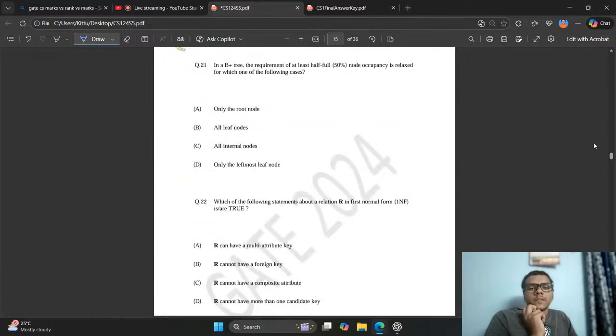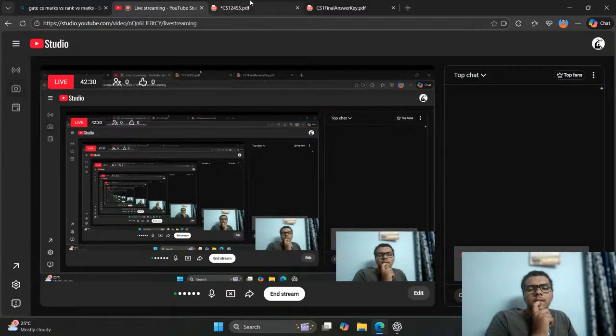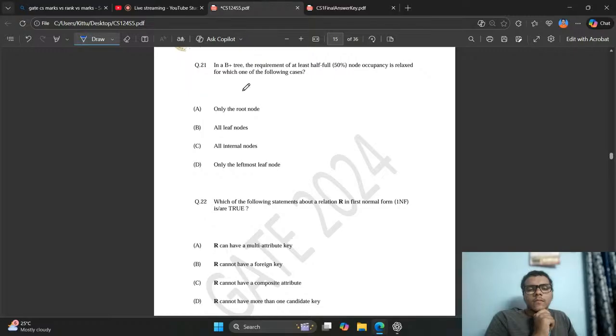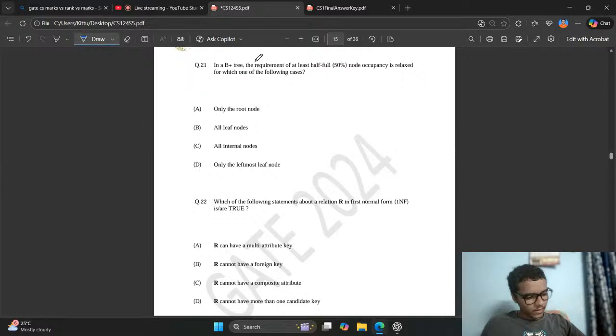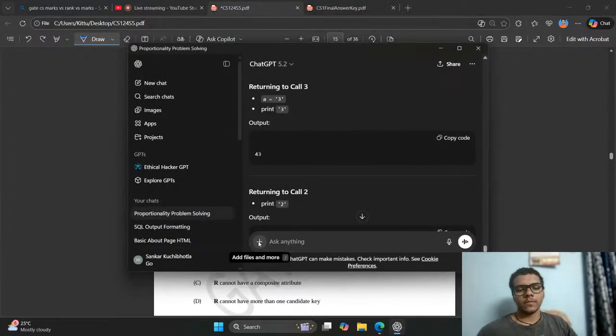In a B plus tree, the requirement of at least half full node occupancy is relaxed. So at least half full, okay. Root node, I don't know much about B plus trees.